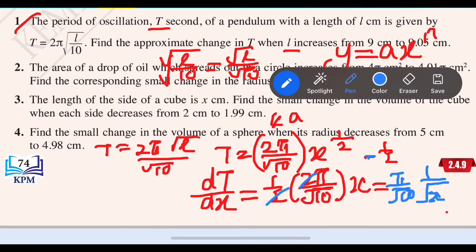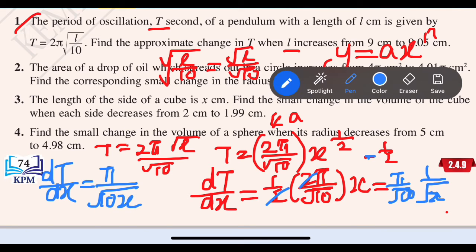Now you have to simplify as pi over square root of 10 times 1 over square root of L. So dt/dL, or I use x, is actually pi over square root of 10x. I join back using the square root rule.